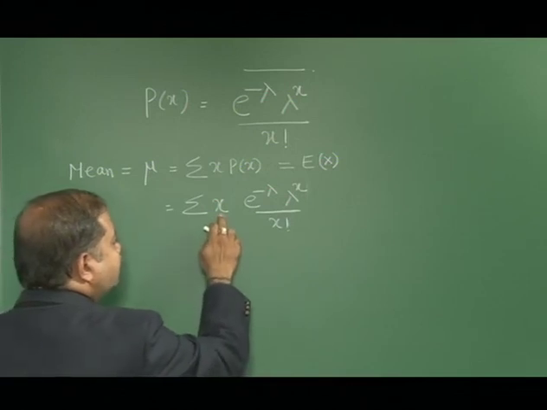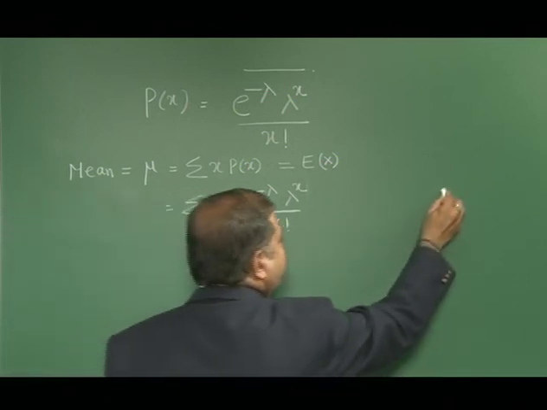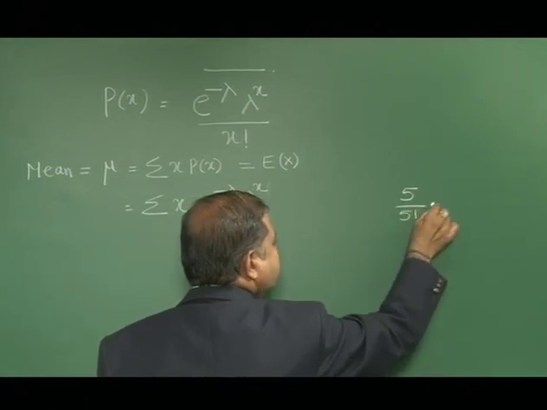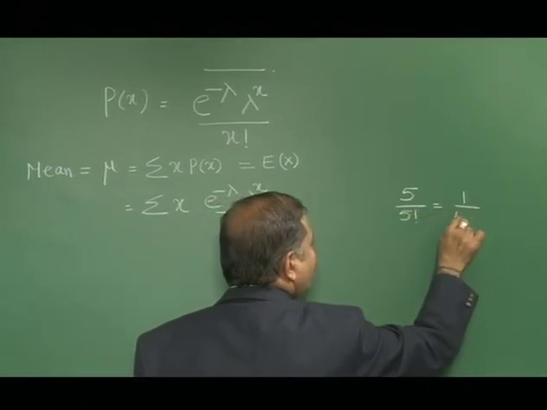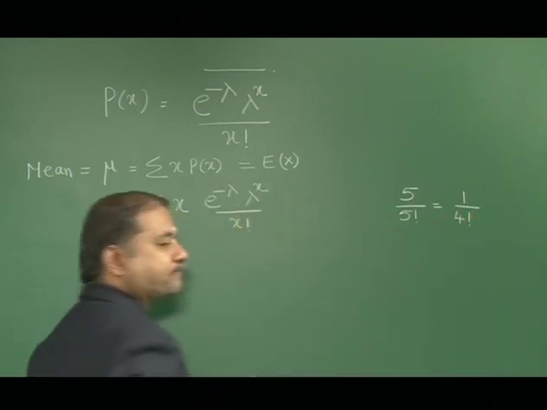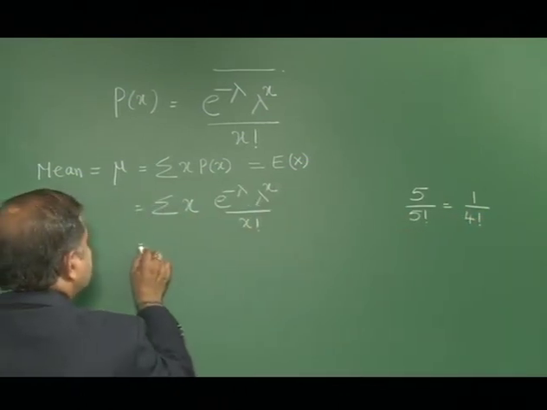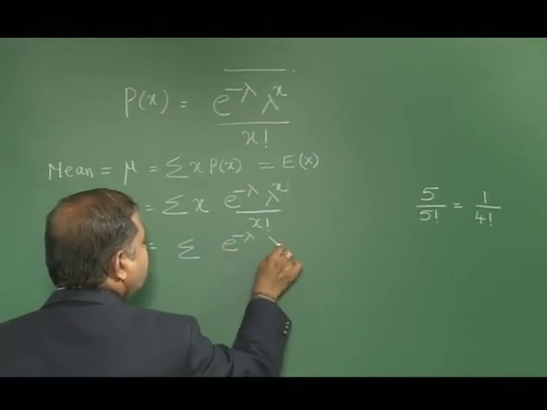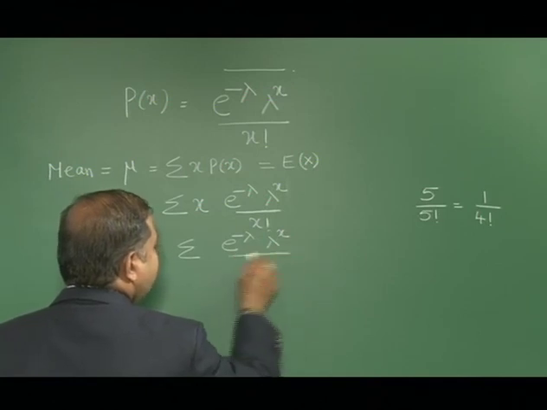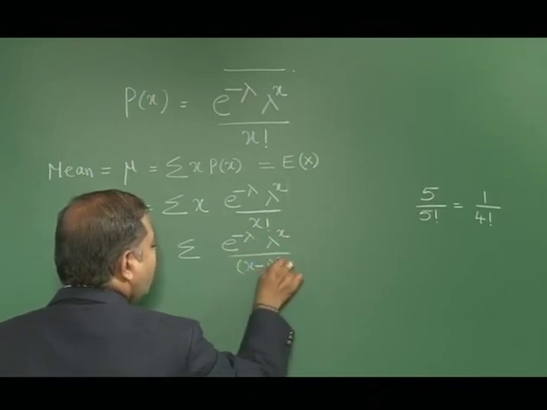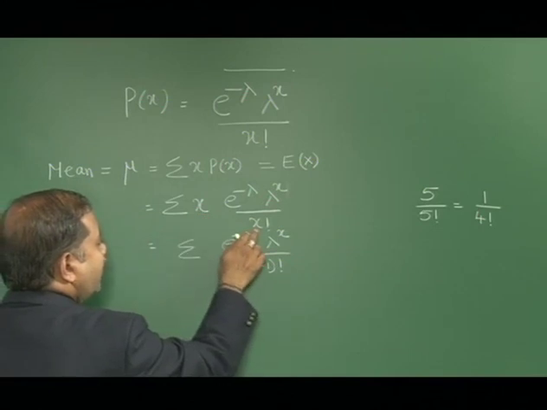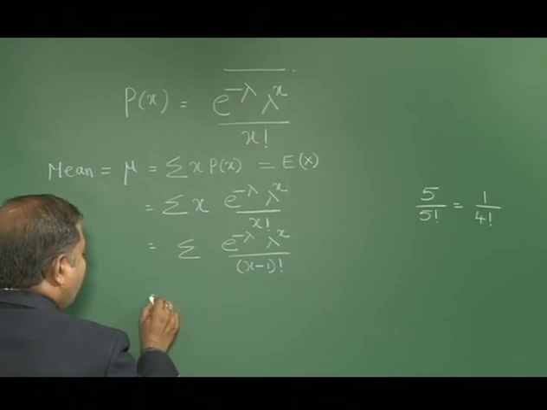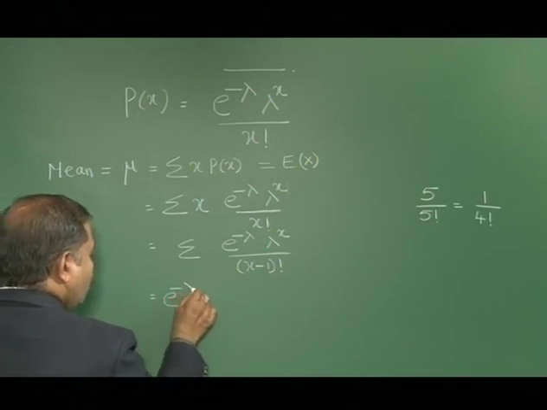Same thing: x by x factorial, like 5 by 5 factorial, gives me 1 by 4 factorial. So this becomes the summation of e power minus lambda, lambda power x by x minus 1 factorial. e power minus lambda is a constant, with no x, therefore it comes out.